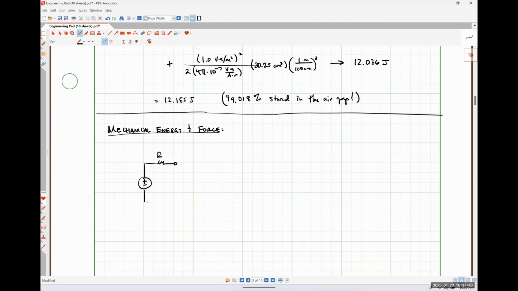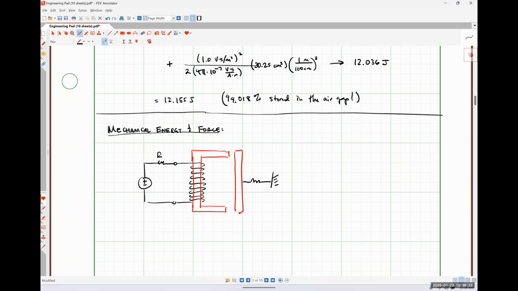So here's our core in the middle, and we had our movable part of our relay attached to some spring, right?